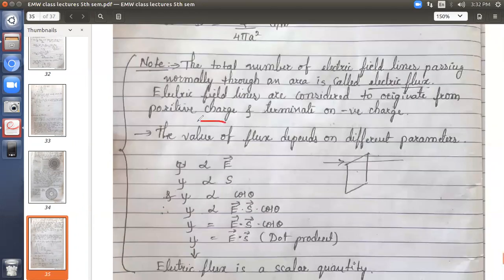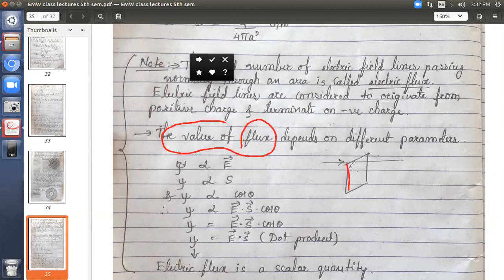Now, let us see what different parameters this flux depends on. Consider this is some surface, maybe having some area S, and some amount of field is passing through it. The lines are passing through this area, say the field is E. So according to this, the flux depends on E. They are directly related.